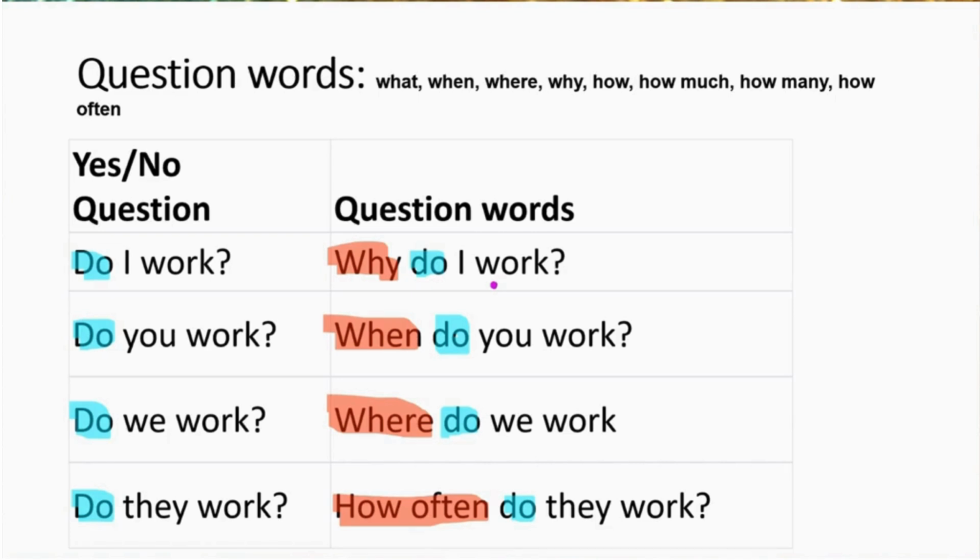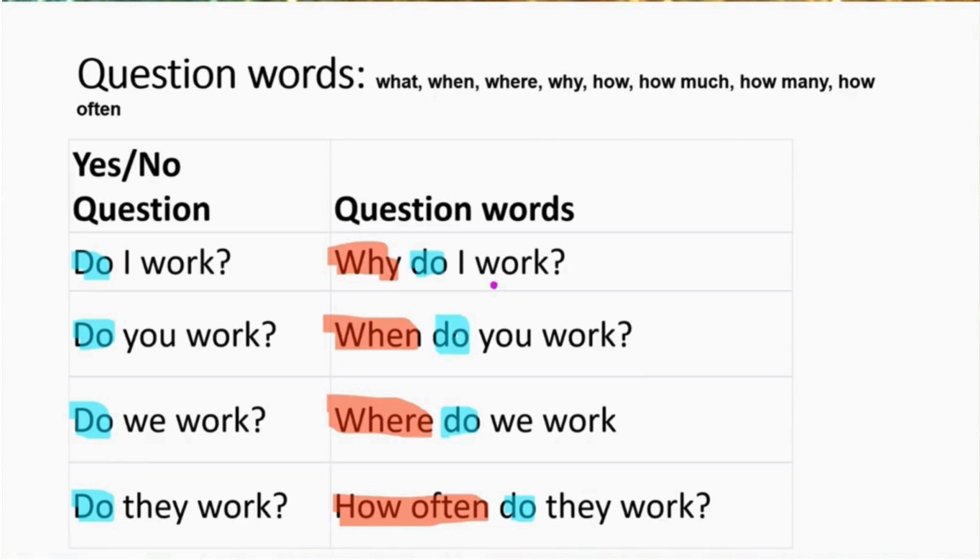But for the questions where we demand or want a response or some kind of information, they start with question words. Question words are what, when, where, why, how much, how many, how often, etc. So what would we do then? Simply we add one of these question words before do I work.